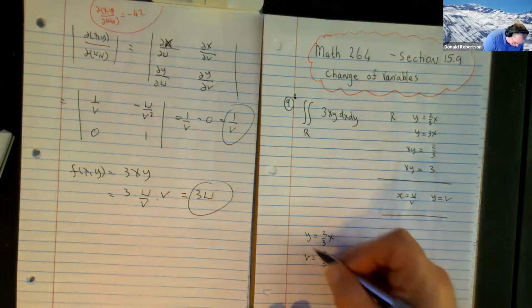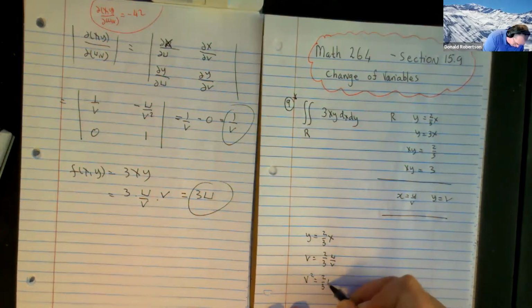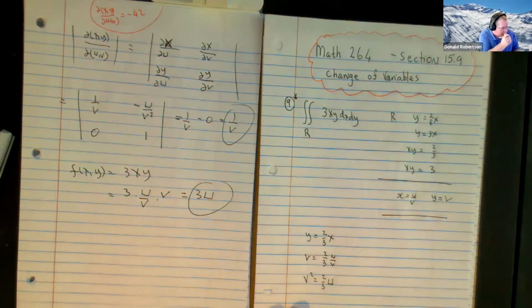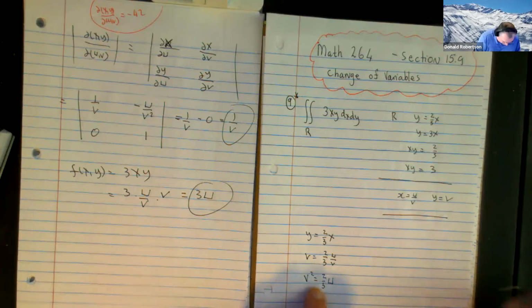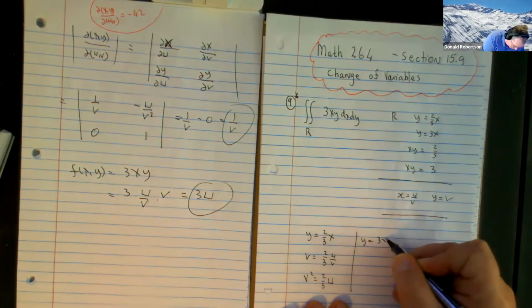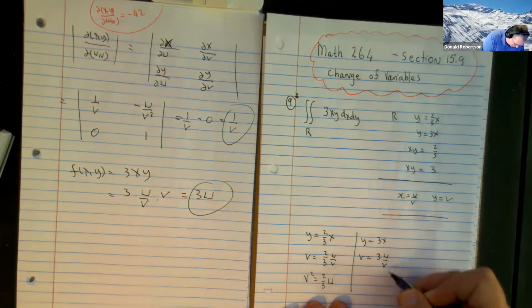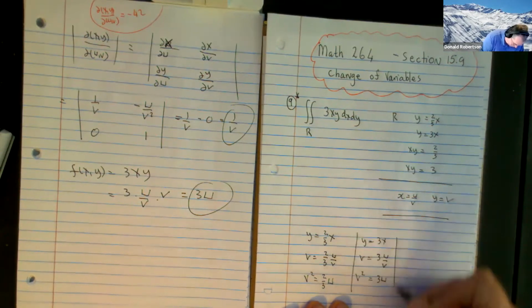And a little cross multiply, v squared equals 2/3 u. And if we do y equals 3x, v equals 3 u over v, so v squared equals 3u.